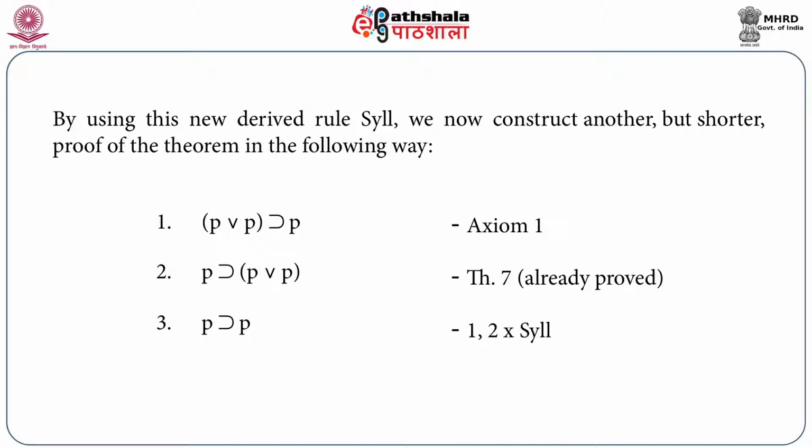P implies P or P, which is step number 2, and then P or P implies P. From here we can derive the next step, P implies P. So from step number 1 and 2 we have got step 3, which is P implies P.